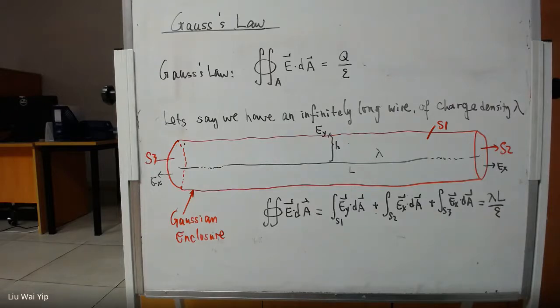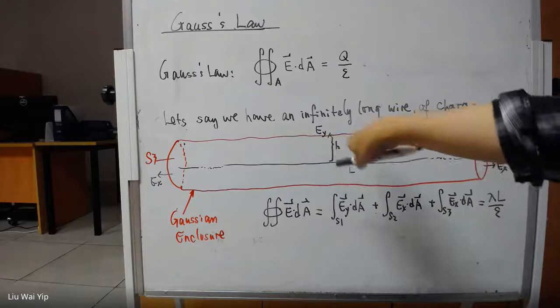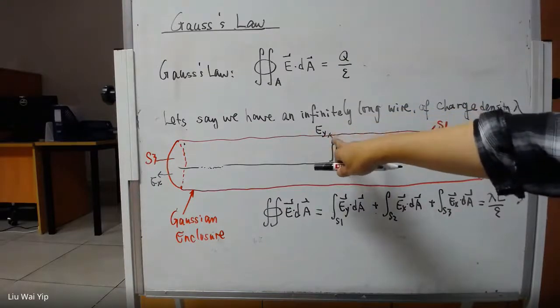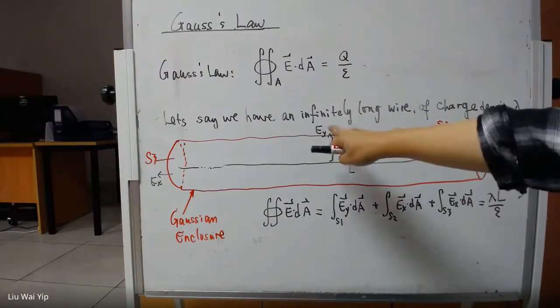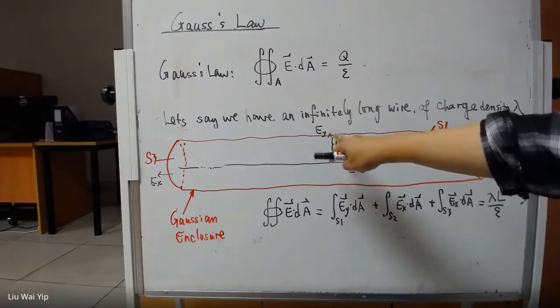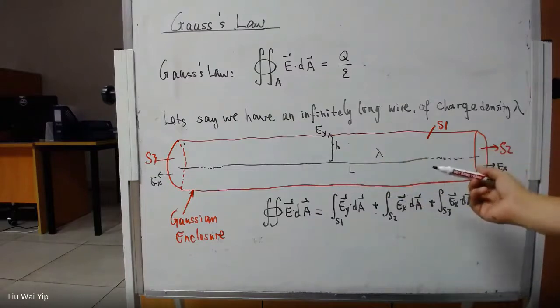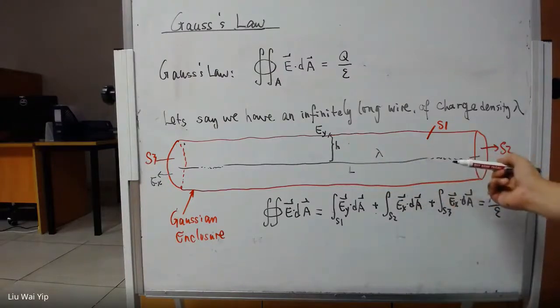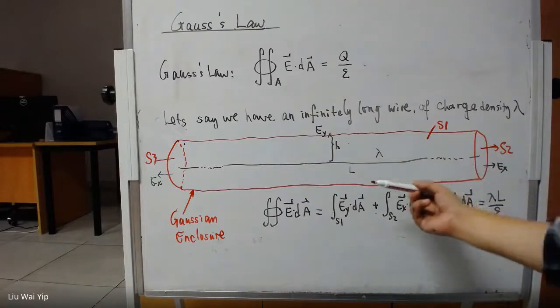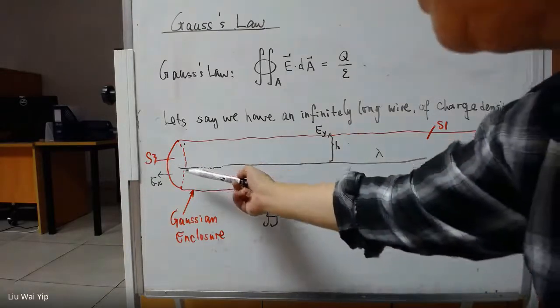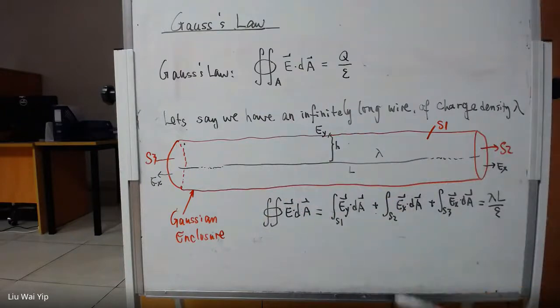Now, before going on further, let's examine the nature of this horizontal component of the electric field. Assuming that the testing point is right at the middle of this wire. And in fairness, the electric field pointing this way should have the same magnitude as the electric field pointing to the left direction.